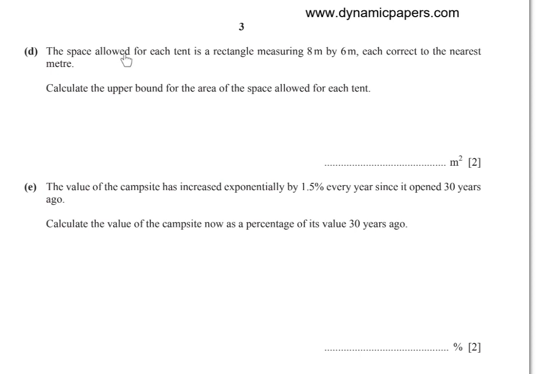D. The space allowed for each tent is a rectangle measuring 8 meters by 6 meters, each correct to the nearest meter. Calculate the upper bound for the area of the space allowed for each tent. Area equals length times width. For the upper area, take the length upper and width upper.